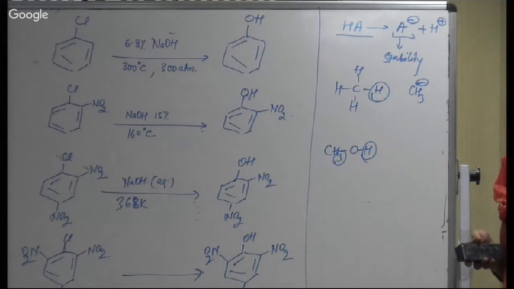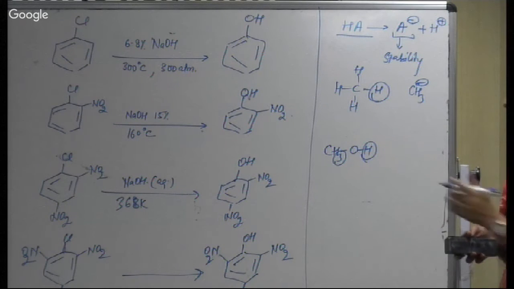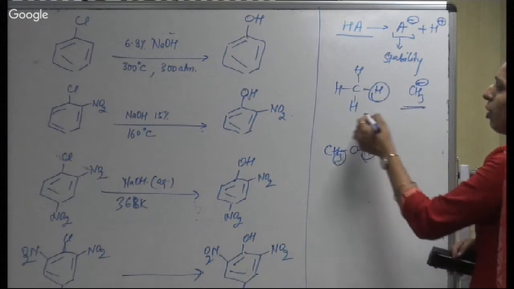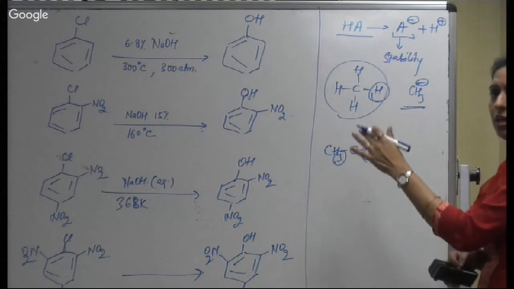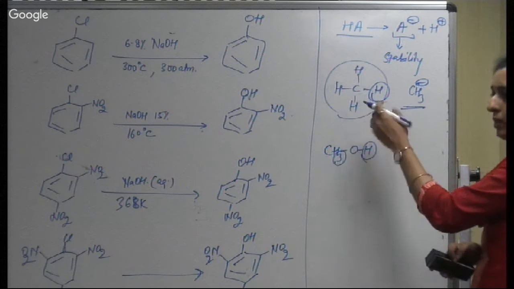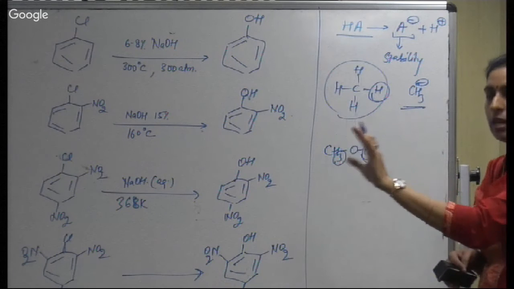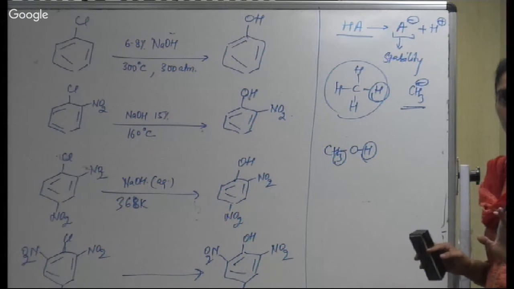For a proton to be acidic, there should be an electronegativity difference to whatever atom it is attached. That is why this is not formed. This is neutral. This is near about inert. It will not even react. Okay. It is highly combustible, that is something else, but normally alkanes don't react, they are inert in nature.